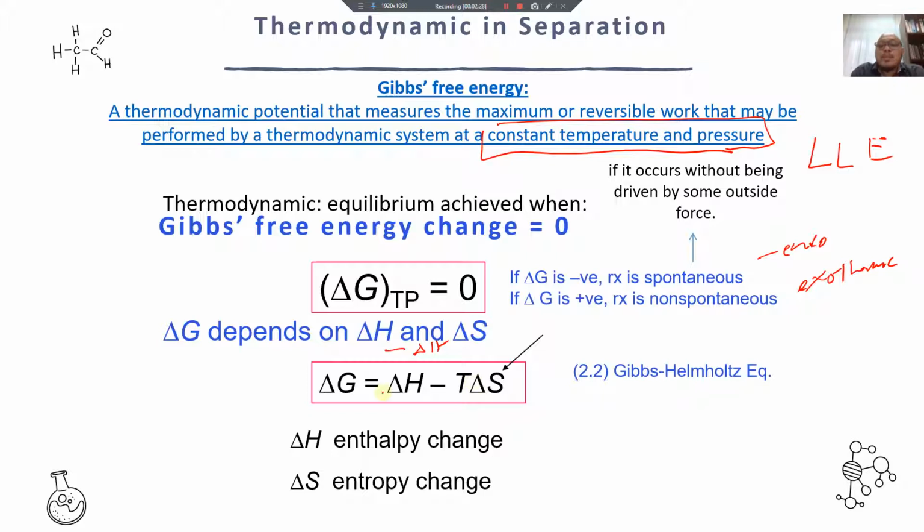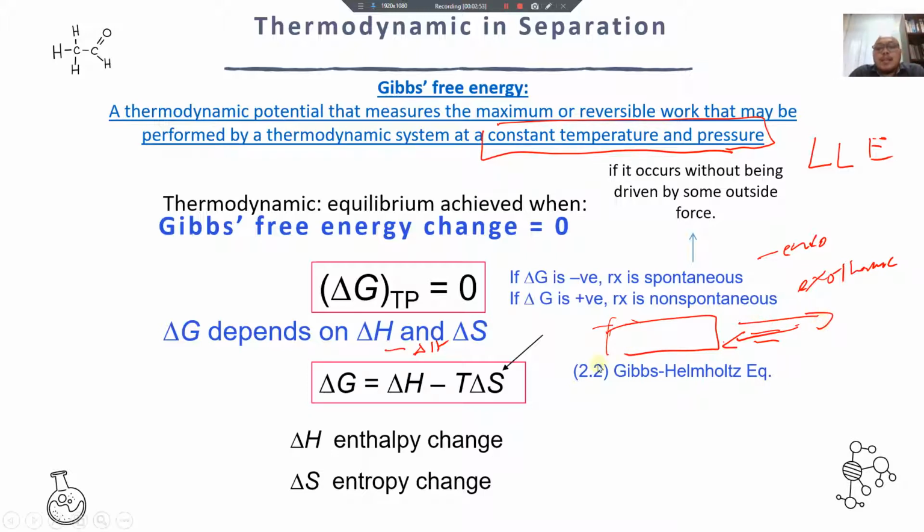Kalau dia endo dia adalah positif, so it's non-spontaneous lah. Selalunya kalau in chemical reaction dia non-spontaneous, dia akan back forward, dia akan bertambah di sebelah kiri, the reaction punya chemical formula. Tapi kalau dia spontaneous, selalunya dia akan ke arah produk lah.